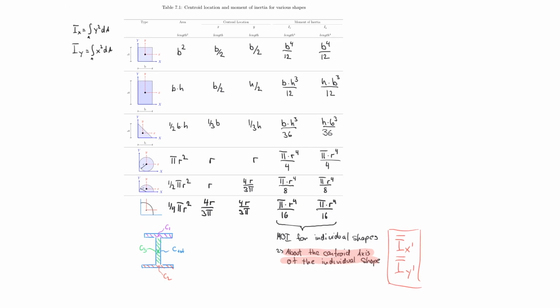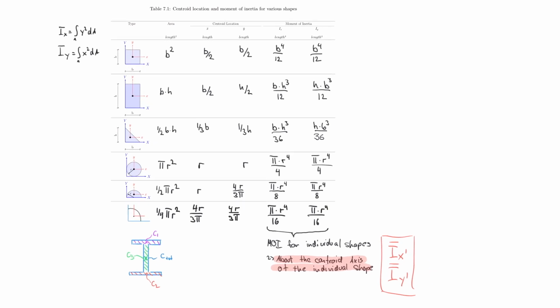So now that we have on this table defined everything that we need to know for individual moment of inertia, we now need to use this information and combine them properly so that we can benefit from the stiffness that the entire system provides. And this is one component in that formula, and I will do that with you on the next page.